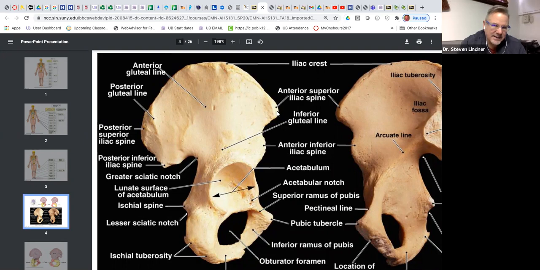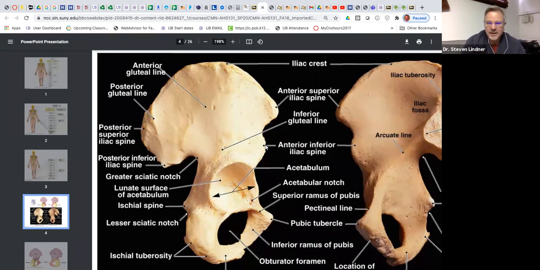The ASIS is important because that is a major landmark for where your sartorius muscle will originate. The sartorius is the longest muscle in the body. The AIIS, the anterior inferior iliac spine, is an important landmark because that's where the rectus femoris muscle originates.